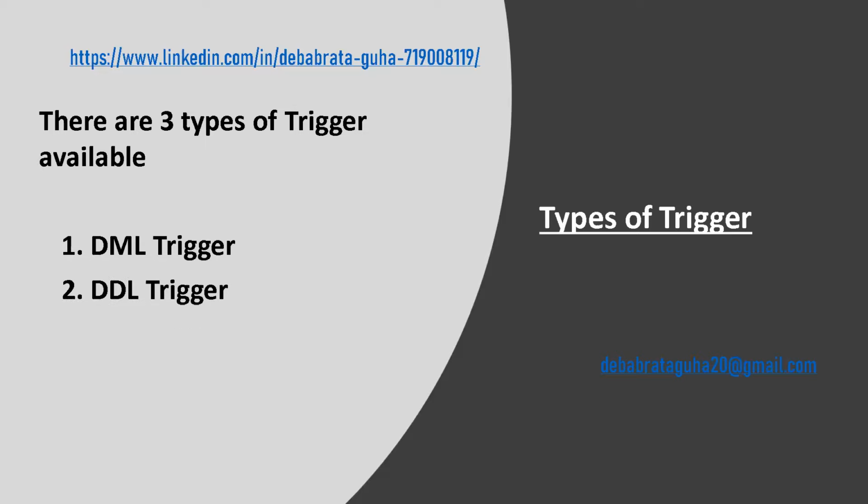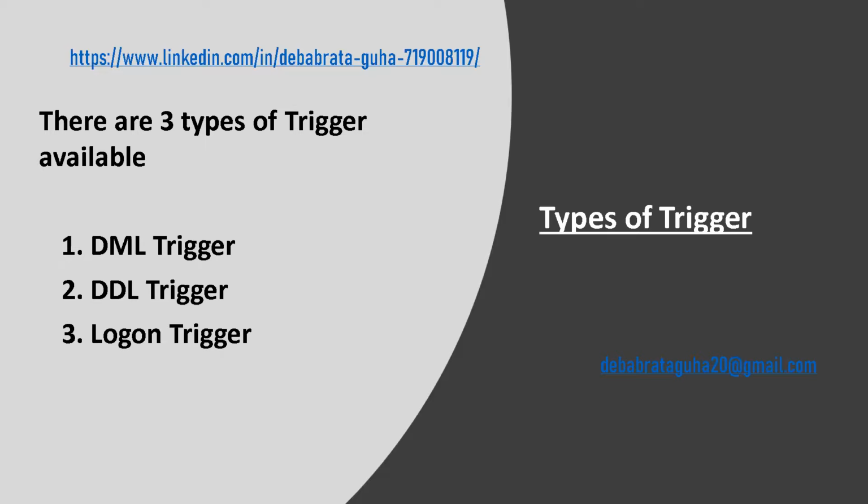We have the DDL trigger. You know what DDL means? If you create some table, alter something, drop something, or even truncate, which also comes under DDL, then this type of trigger is activated.